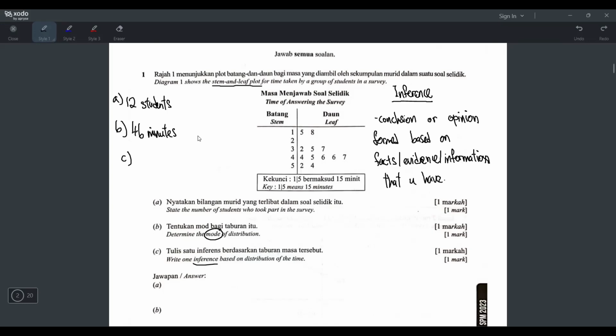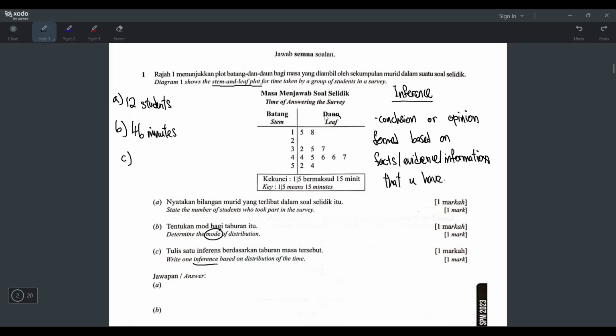So for this case, what is the information you have? The stem and leaf plot lah. So you have to form an opinion ataupun a conclusion based on this stem and leaf plot, right? Okay, so let me tell you what we can find out from the stem and leaf plot. Usually you can always find out which range has the highest frequency.